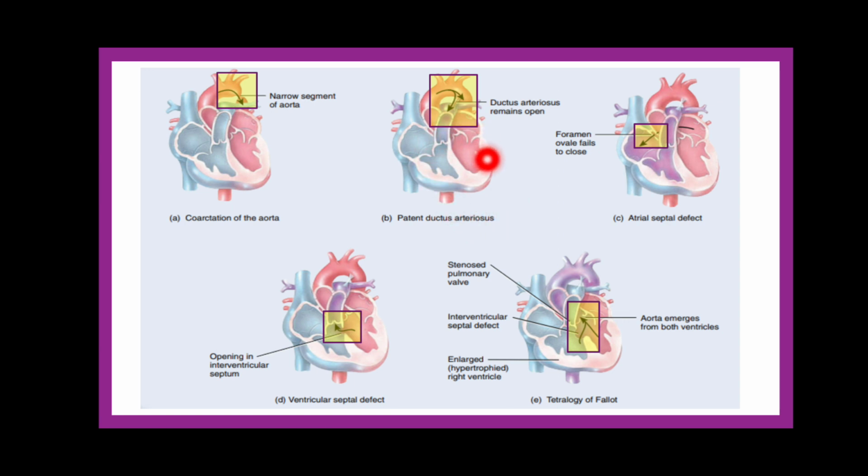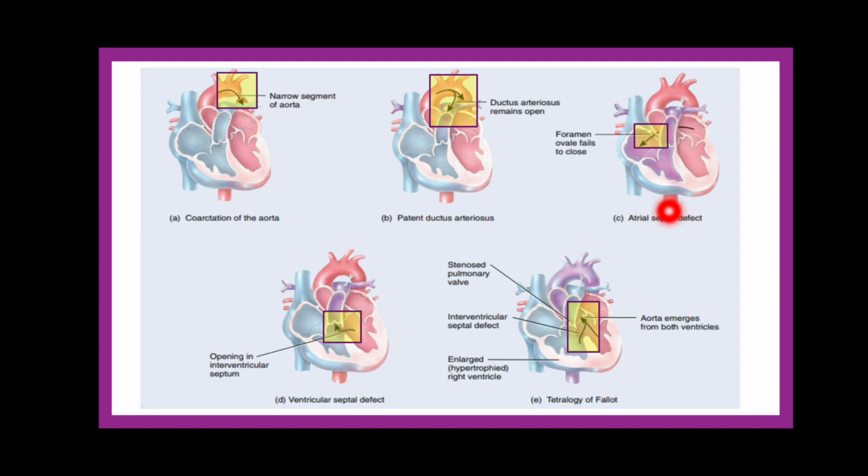Its closure leads to the separation of the pulmonary trunk and the aorta. But if it does not close and remains open, then there will be a flow of blood from the high pressure region to the low pressure region, that is, from the aorta to the pulmonary trunk. This condition is patent ductus arteriosus.